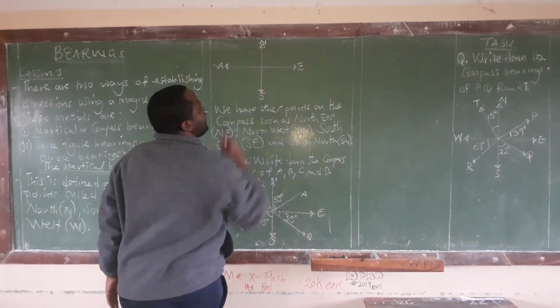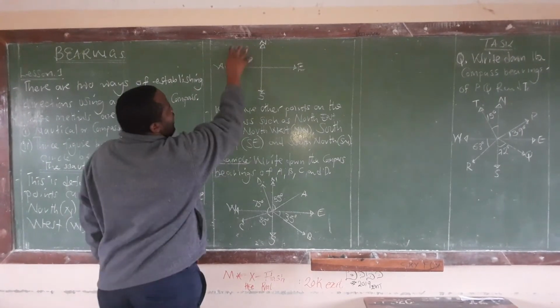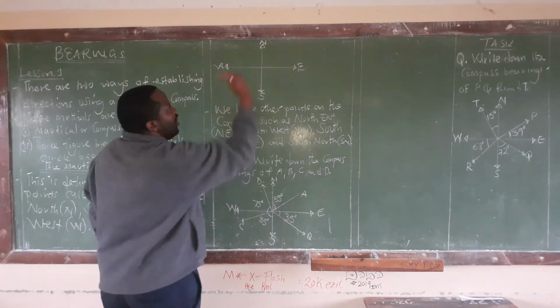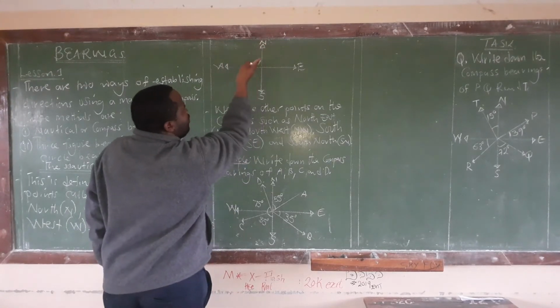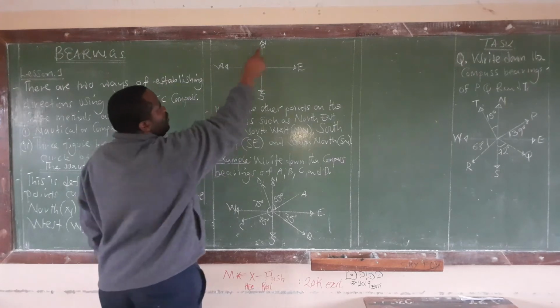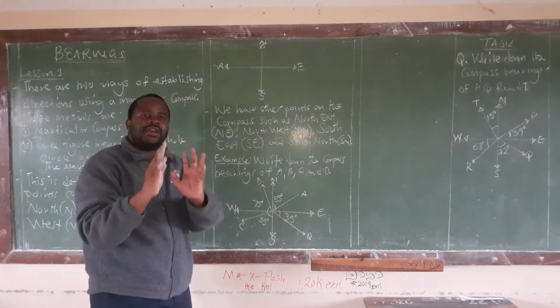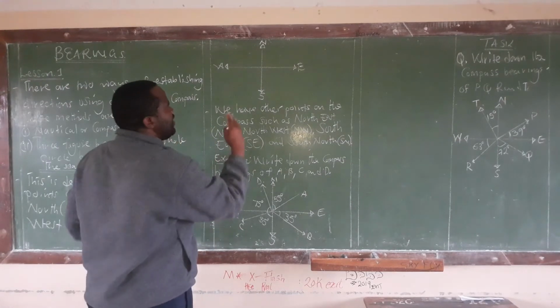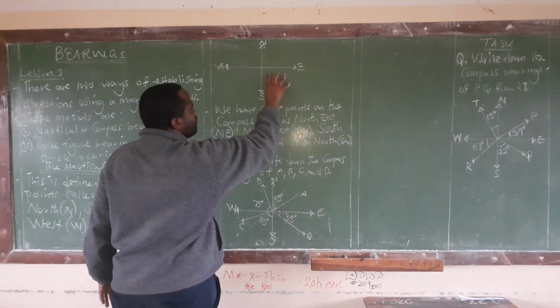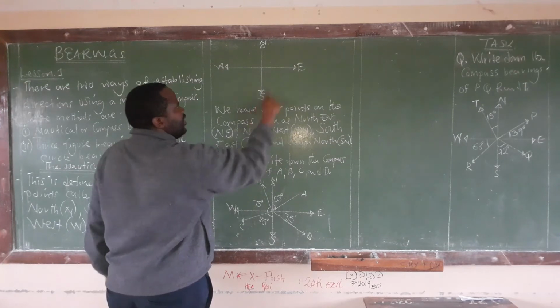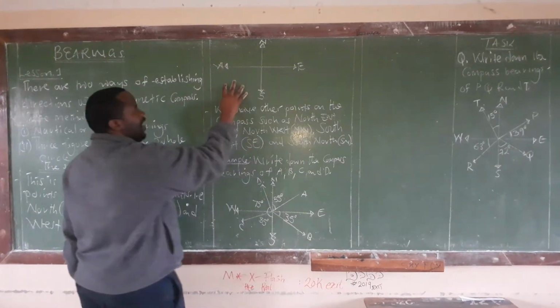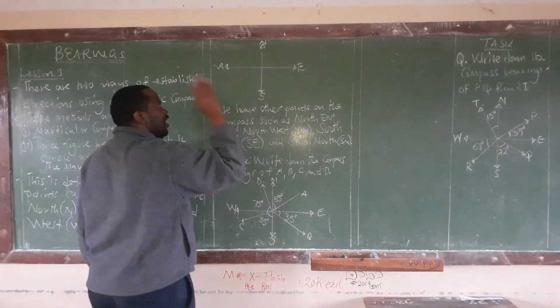So you have northeast. If you are here, you are on the northern part, but towards the west. So this is northwest. If you are down, you are dealing with the southern part. So if you are in this region, we are dealing with southeast. If you are here, we are dealing with the southwest.